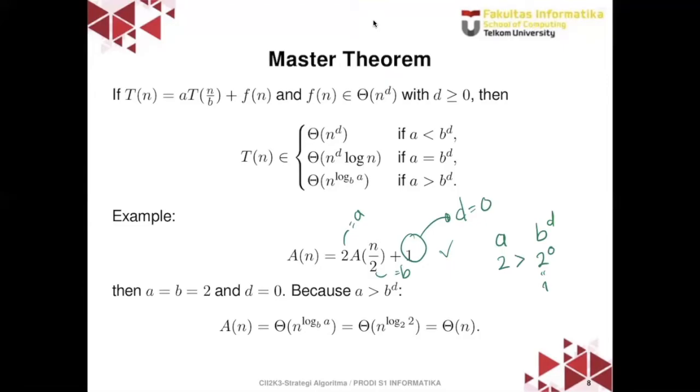Hence, based on this, we have T(n) in big theta of n to the log base 2 of 2, which is equal to 1, so we have it as big theta n.